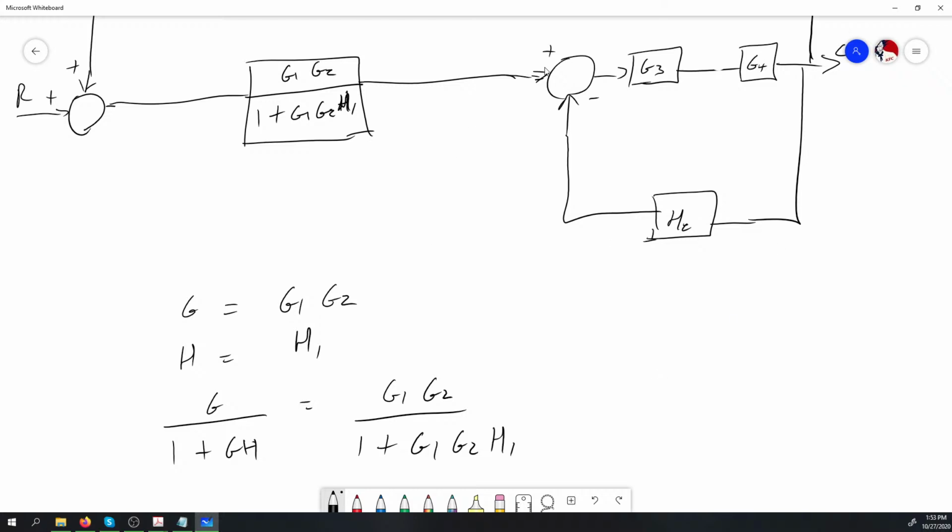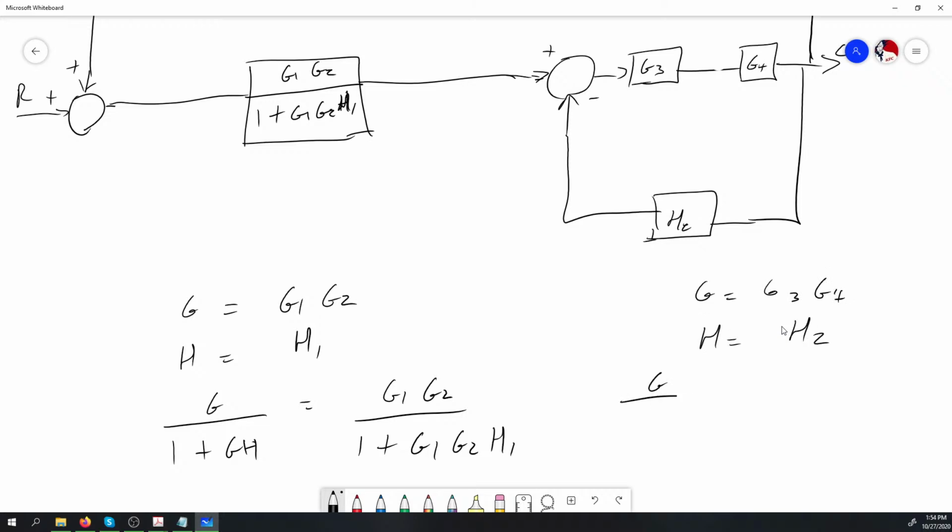Similarly, because this is also a negative feedback system, we can apply our negative feedback system equation to reduce this and get rid of this summation junction here as well. The G here is going to be G3, G4, and our H here is going to be H2.